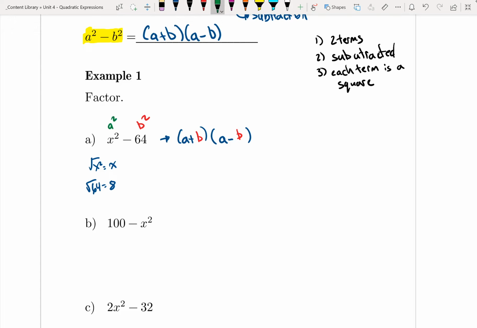So then we have our a squared, we have our a, we have our a. So those are where the terms are coming from.